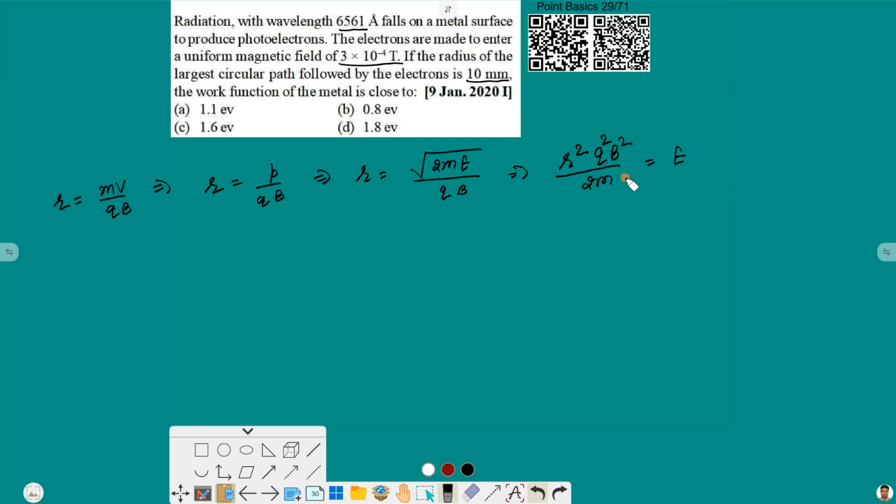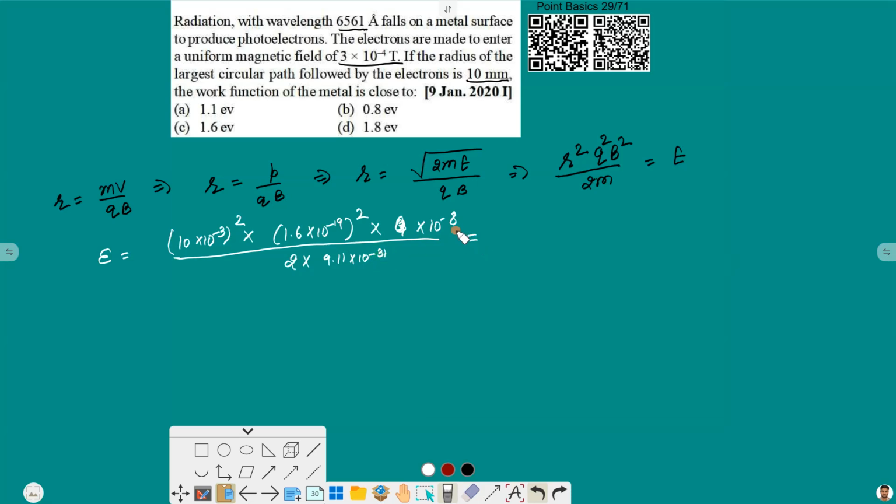So the value of energy will be radius square, so 10 into 10 raised to power minus 3, squared, into q, that is 1.6 into 10 raised to power minus 19, squared, into B, the magnetic field, squared, so 9 into 10 raised to power minus 8, divided by twice the mass, that is 9.11 into 10 raised to power minus 31.